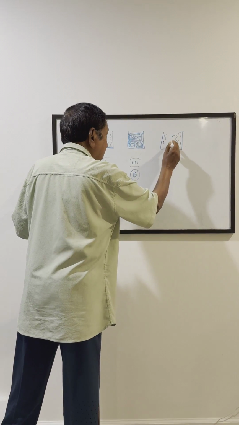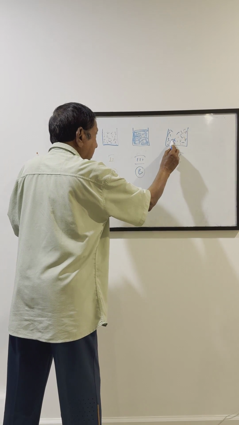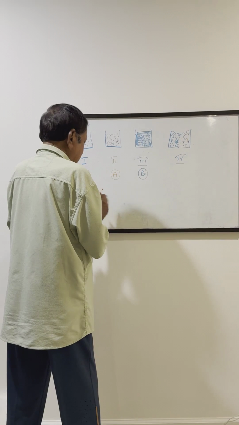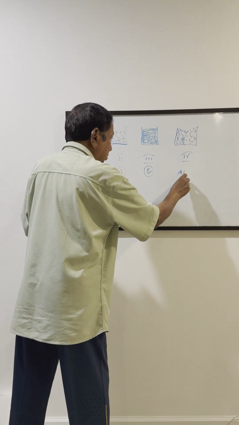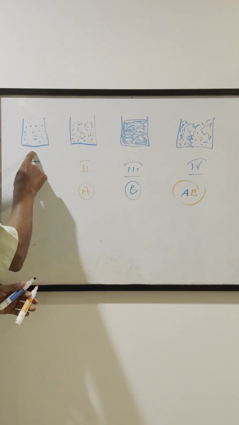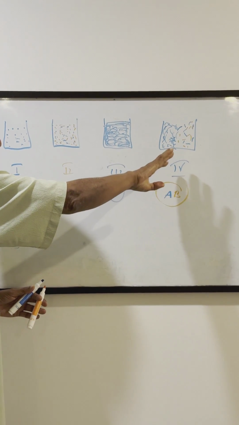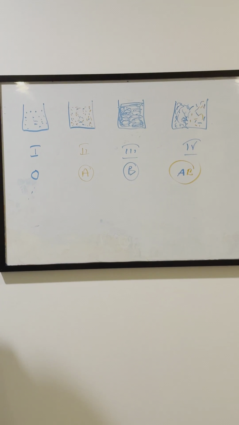Now it has both red as well as the dark blue color. Now this is what he referred to as AB group. Now this is colorless, this is red in color, this is blue in color, this is the one which is having both red as well as blue.